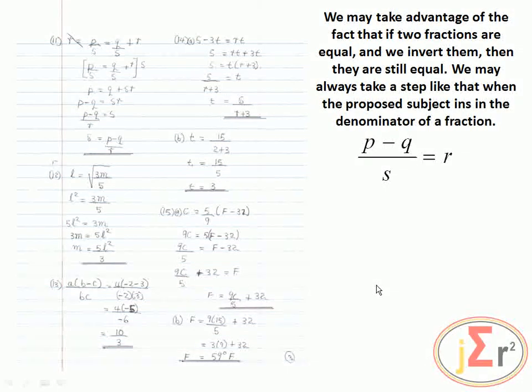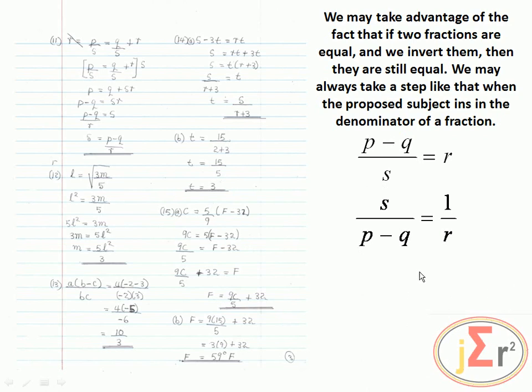We may take advantage of the fact that if two fractions are equal and we invert them, then they are still equal. We may always take a step like that when the proposed subject is in the denominator of a fraction. So there we have the reciprocal.